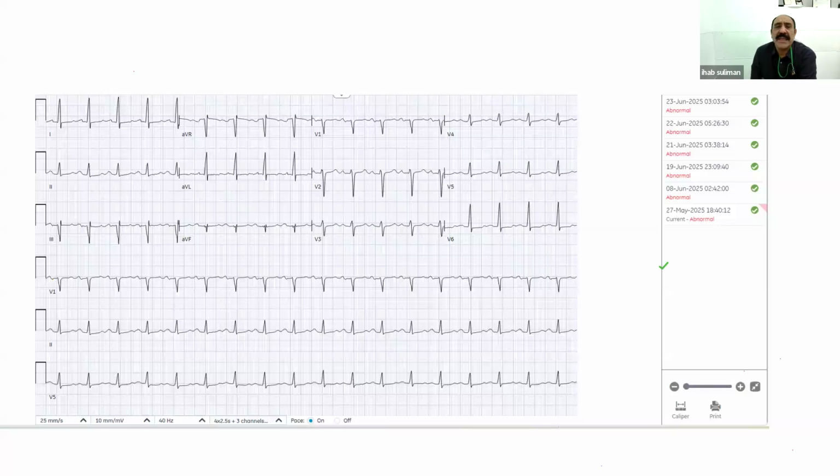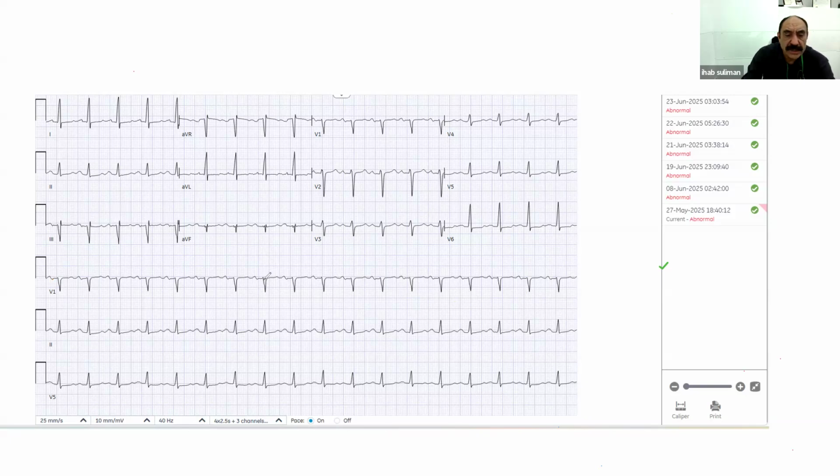He's only 19 years old, and luckily he made it. What you can see on the ECG that could be associated with cardiac arrest is a prolonged QT. That is very important.